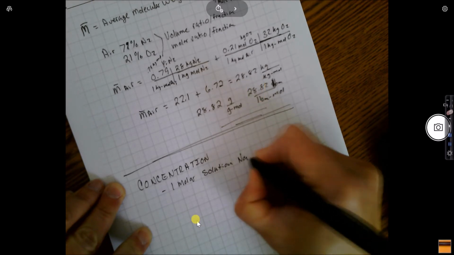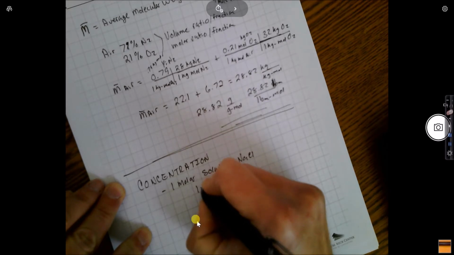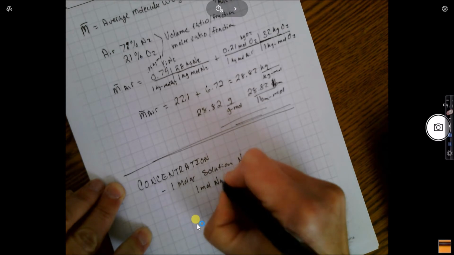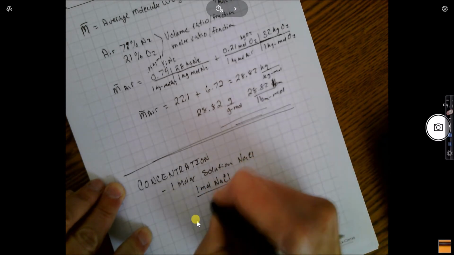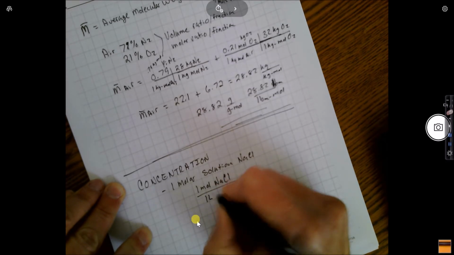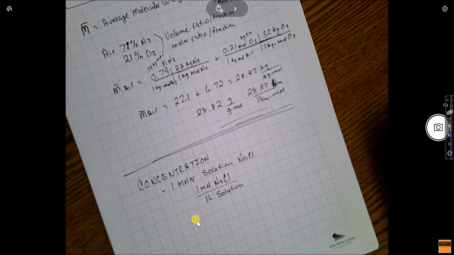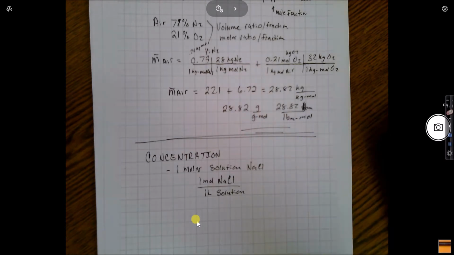So 1 molar solution means there is 1 mole of salt, sodium chloride to be more specific, in 1 liter of solution. That's what molarity means. If we have a 1 molar solution of sodium chloride, that means there's 1 mole of sodium chloride per 1 liter of solution.